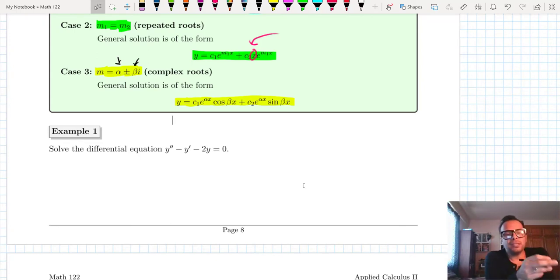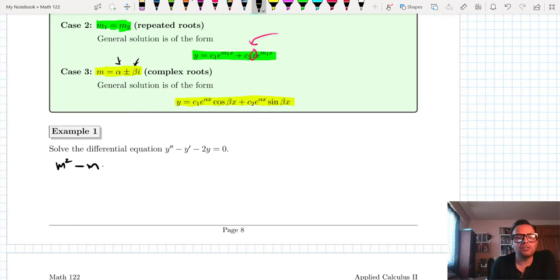Okay, let's solve the given differential equation. So number 1, let's write the characteristic equation. So the y double prime becomes an m squared, minus y prime, which becomes an m, and then minus 2 equals 0. Let's solve this polynomial equation by factoring. Factors of -2 that add up to -1. So this will be -2 and plus 1.